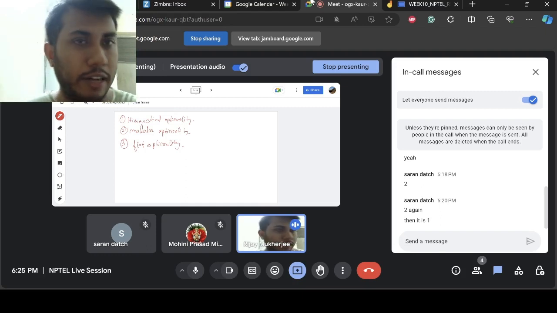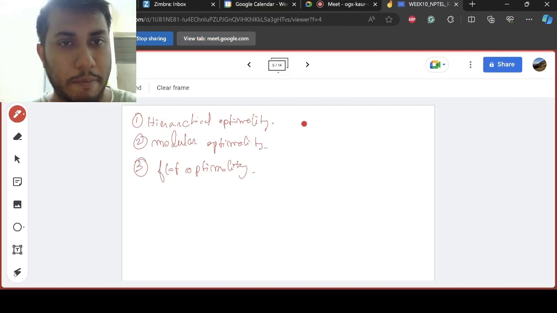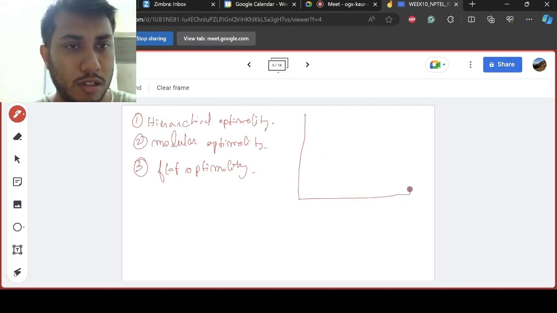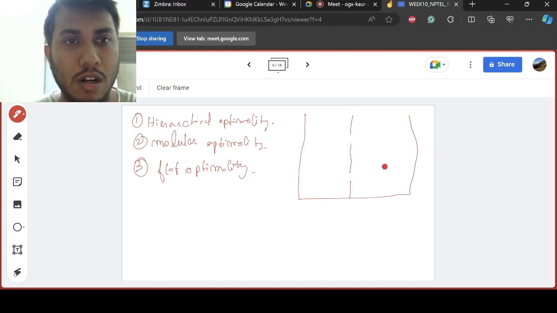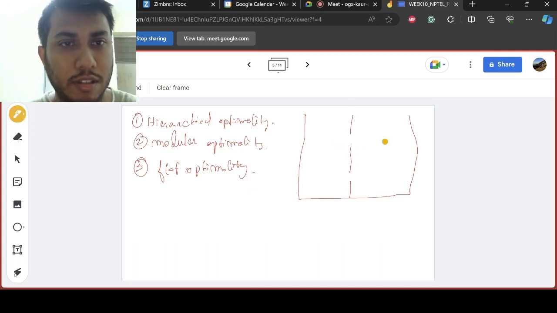Again, let's use that get out of room example. So you have a room, room 2. Suppose you have to reach this destination.